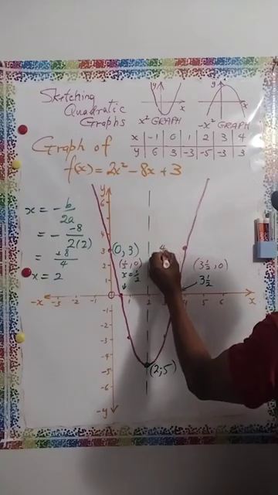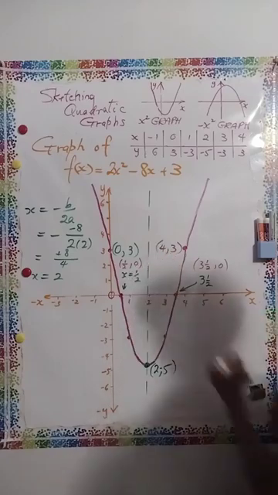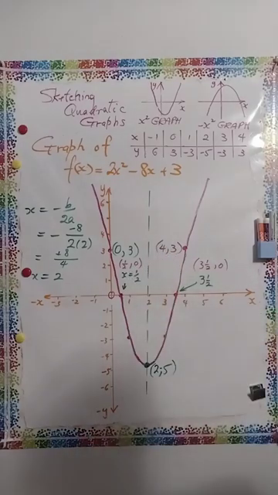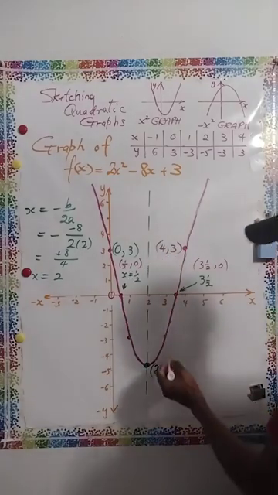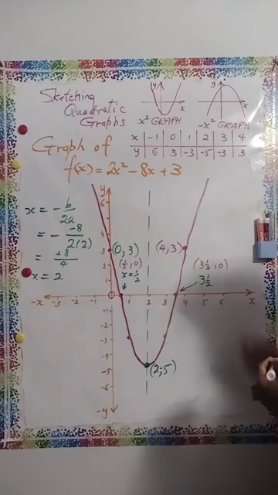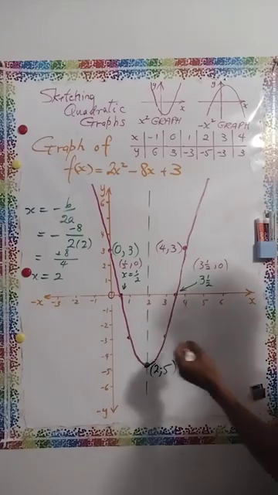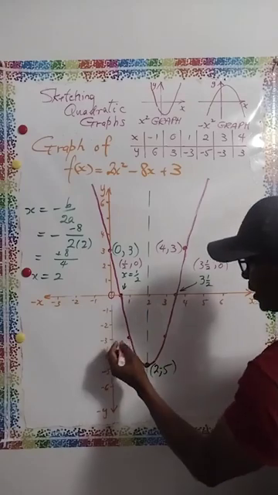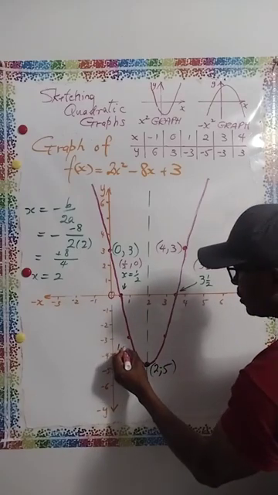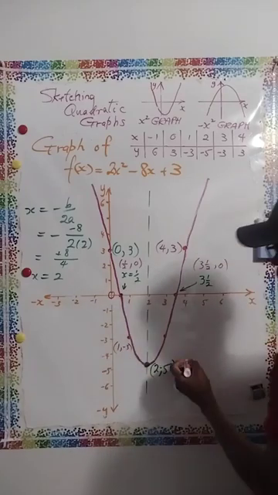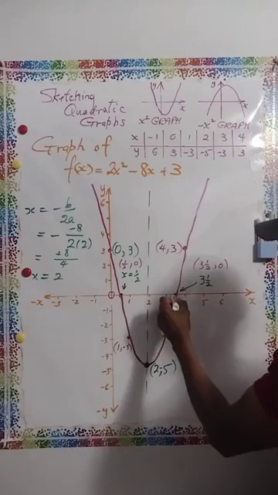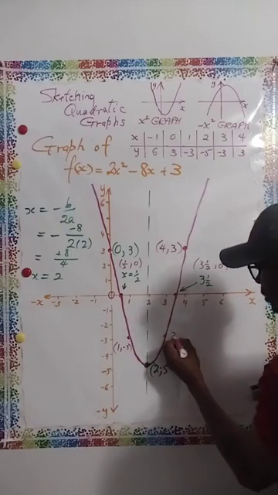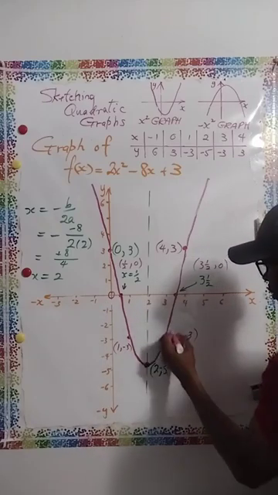Very excited with my colors. Good. And what do you think these two are? Because it's up on the table anyway, right? This one is what? This one is 1, -3, and this one is what? 3, -3.